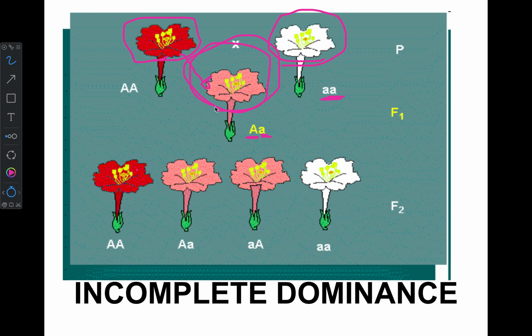You have to remember that these alleles, these A's, represent actual DNA sequences, which are translated to proteins. In this case, you're getting two red proteins made, 100% red. In this, you're getting no red proteins made, 100% white. And in this, you're getting 50% red proteins made. So it doesn't completely override. You get a mix. And that's what's called incomplete dominance. It's different than what we've been learning about.